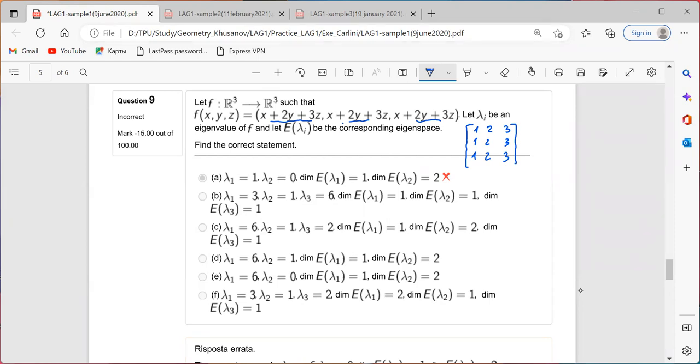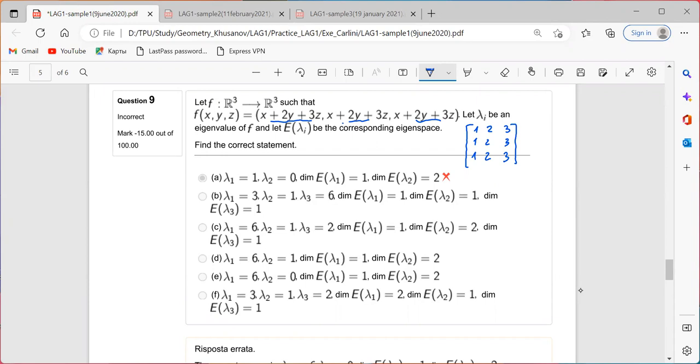First of all, what can we say about this matrix without computation? From this matrix, we can see that 0 is an eigenvalue, because if instead of lambda you put 0, the determinant of A minus lambda I will be equal to 0. That's why 0 is an eigenvalue here.